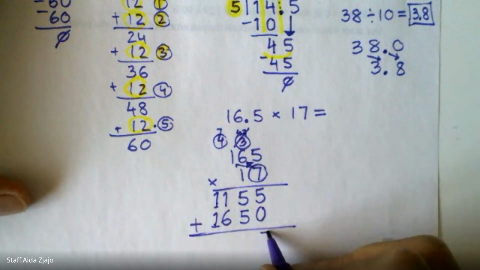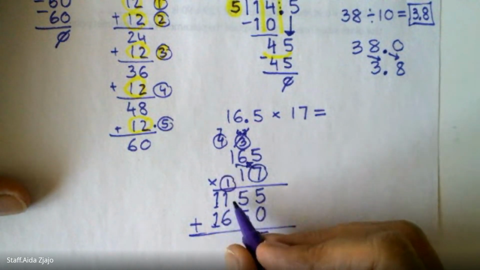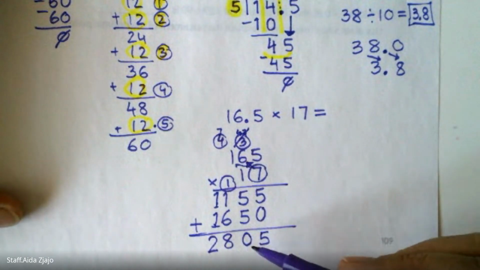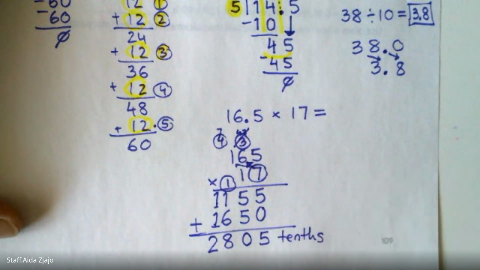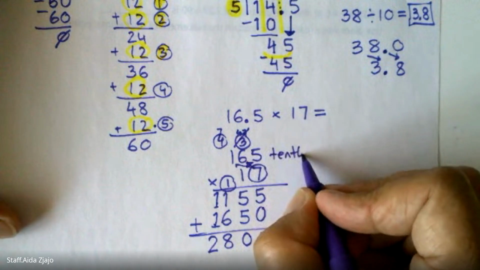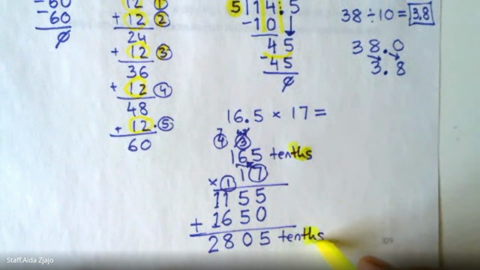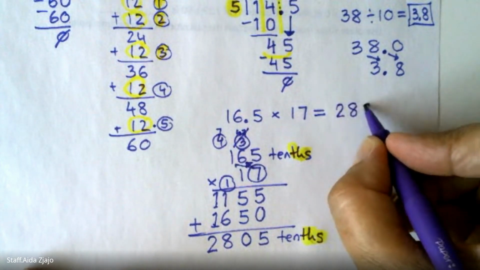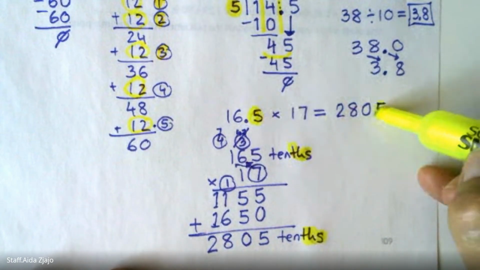Okay, add them up. 5 plus 5 is 10. Remember 1. That is 8. 2805. That is the solution, but they are tenths, because I changed 16 and 5 tenths into tenths. So our solution has to have the same digits, 2805, but it will have tenths in our answer.